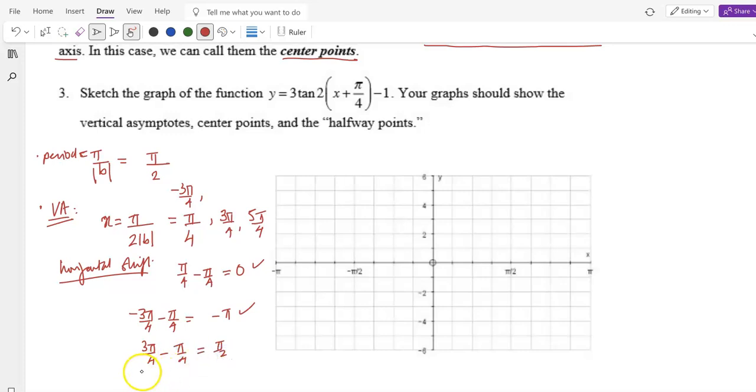Then 5 pi by 4 minus pi by 4 is pi. So these are all my asymptotes: 0, pi, and minus pi by 2.